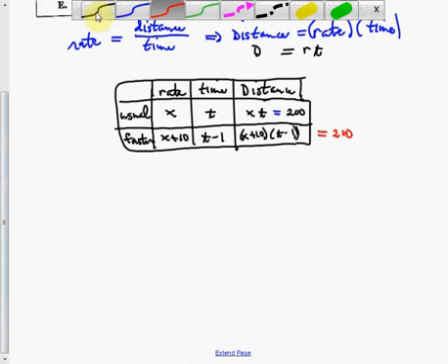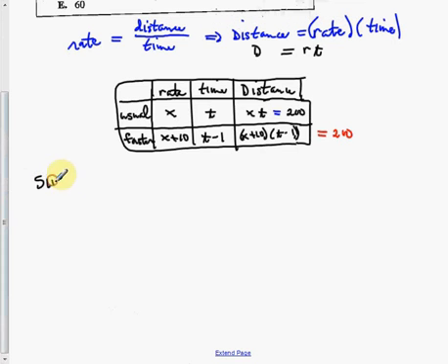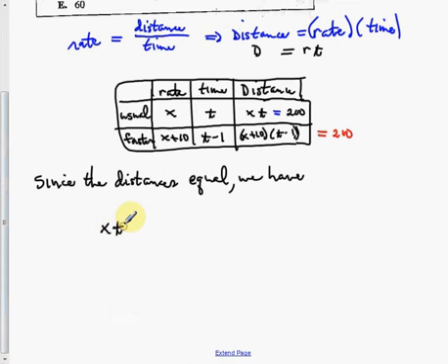So since the distance is equal, we have x times t is equal to x plus 10 times t minus 1. The distances are set equal to each other.